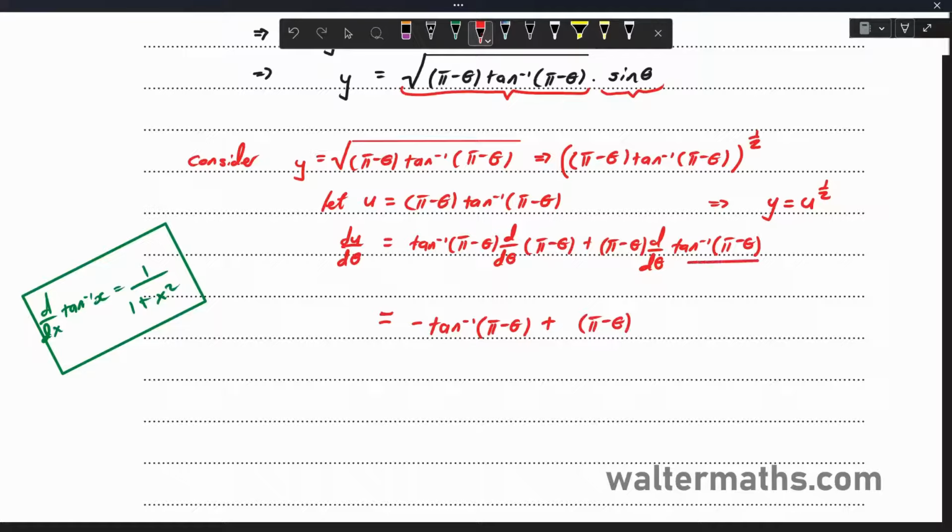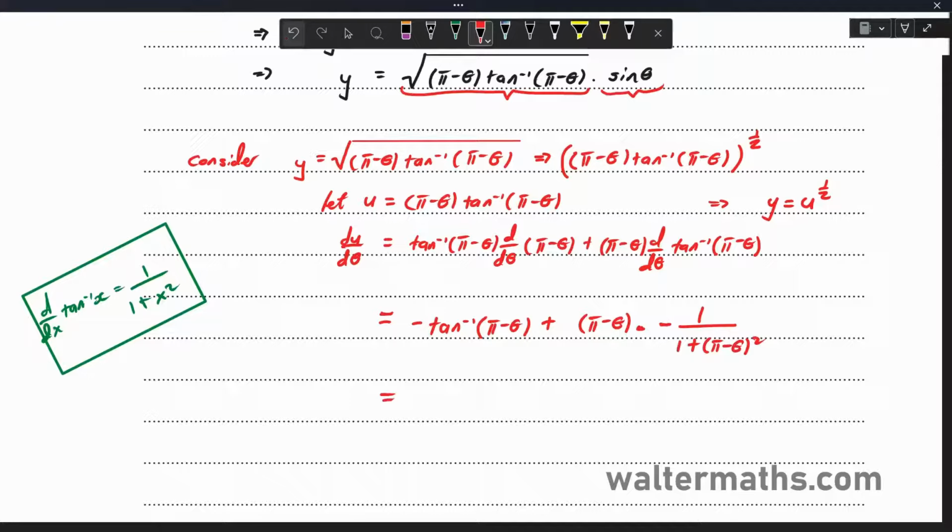Since we are differentiating a function of theta, we start by differentiating pi minus theta, which gives us minus 1. So we have minus, and then 1 over 1 plus (pi minus theta) squared.